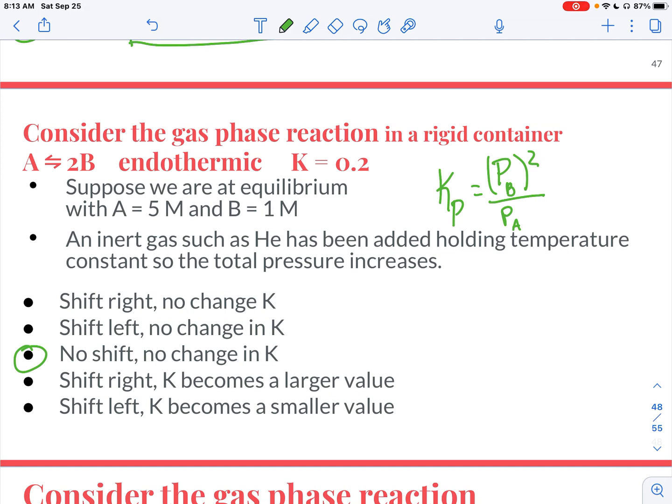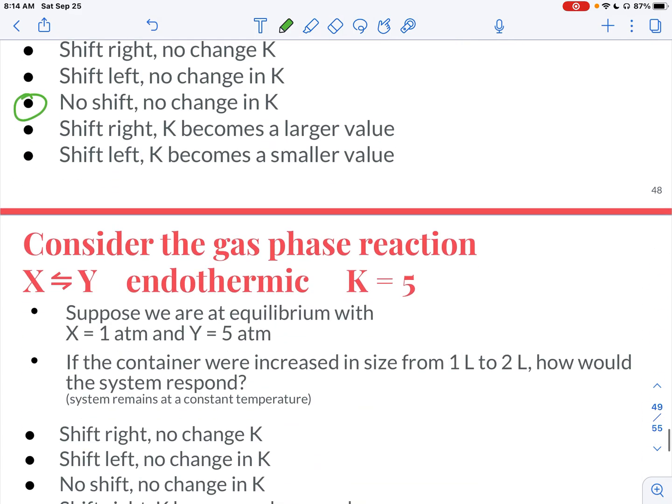Okay, nothing is changing. We don't put He in there because it's not reacting. So there's nothing to have it do. So no change. No change in K because the temperature is the same. No change in the shift because the partial pressures aren't changing. So that's why the inert gas won't change anything.